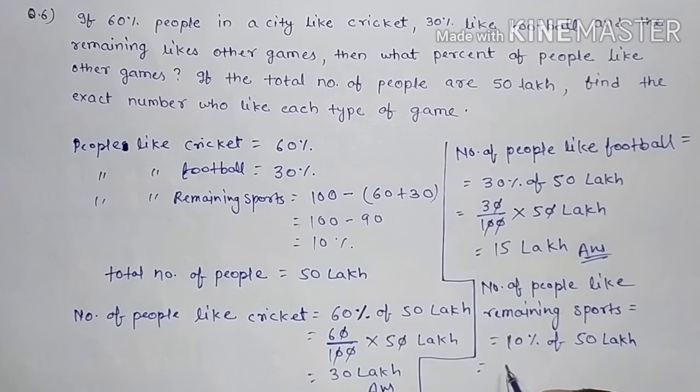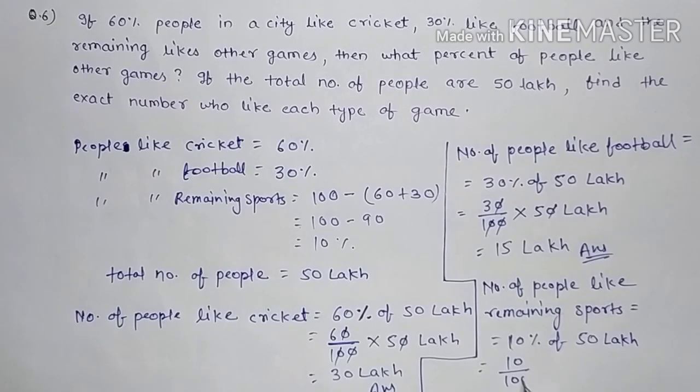Just simplify it. 10 divided by 100 of means multiply, and this is 50 lakh. 0 0 cancel out. Now this is 5 lakh, and this is the answer. And number of people who like remaining sports is equals to 5 lakh.